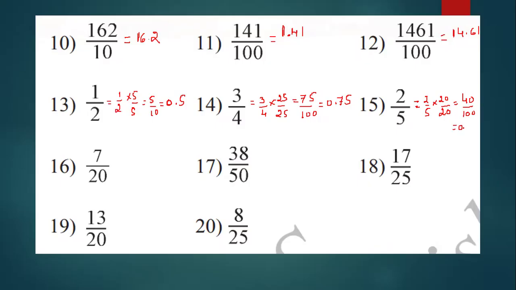This becomes 0.40. 7 by 20, I'll make it as denominator 100 multiplying 5 and divide by 5. This is 35 divided by 100. This is 0.35.